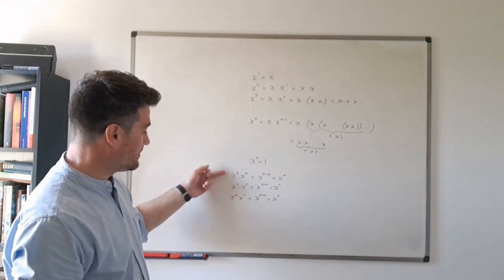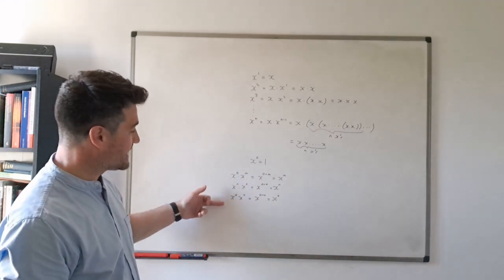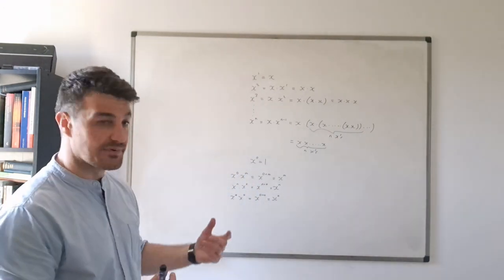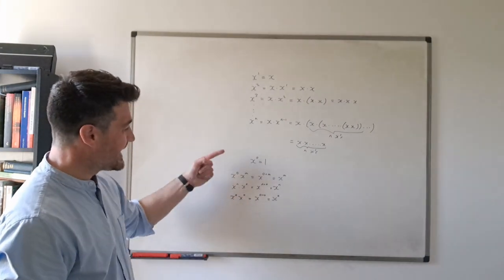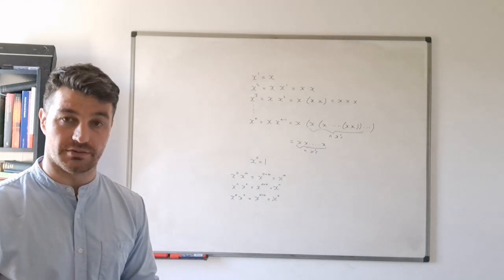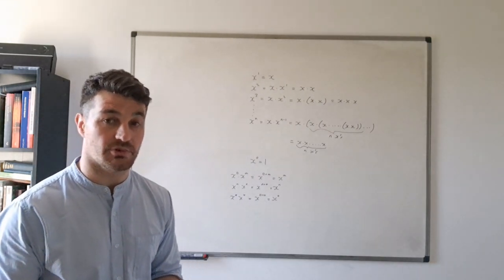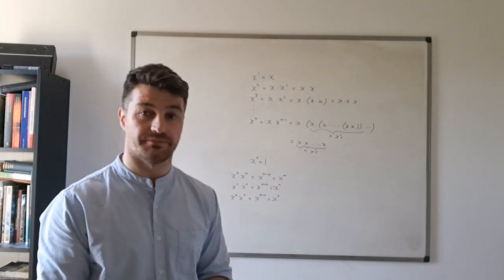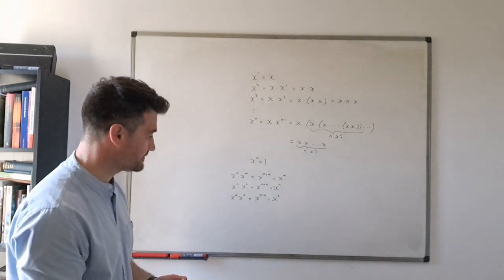But then none of these rules would work. So based on what I see here and my desire for these rules to work in this way, it makes sense for me to define x to the power of 0 as being equal to 1. Okay, so why is x to the power of 0 equal to 1? Because we choose it to be. Because it makes sense for it to be equal to 1.